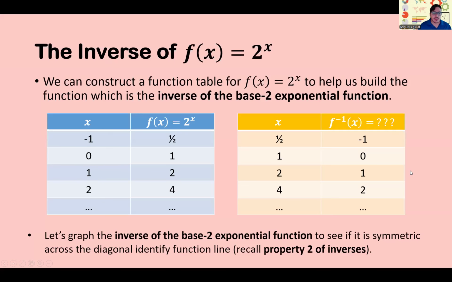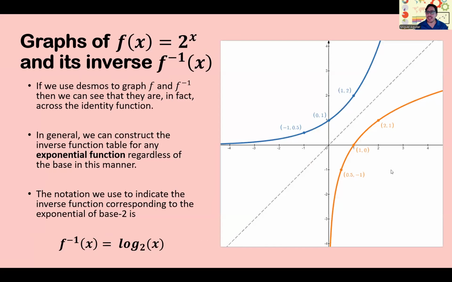Okay. So we graphed the inverse function already, which is a big reveal. Here we have on the next slide, we have the exponential function in blue, and we have the inverse function log base 2 of x in orange. Okay. So remember, we could have done this kind of demonstration with any exponential function.